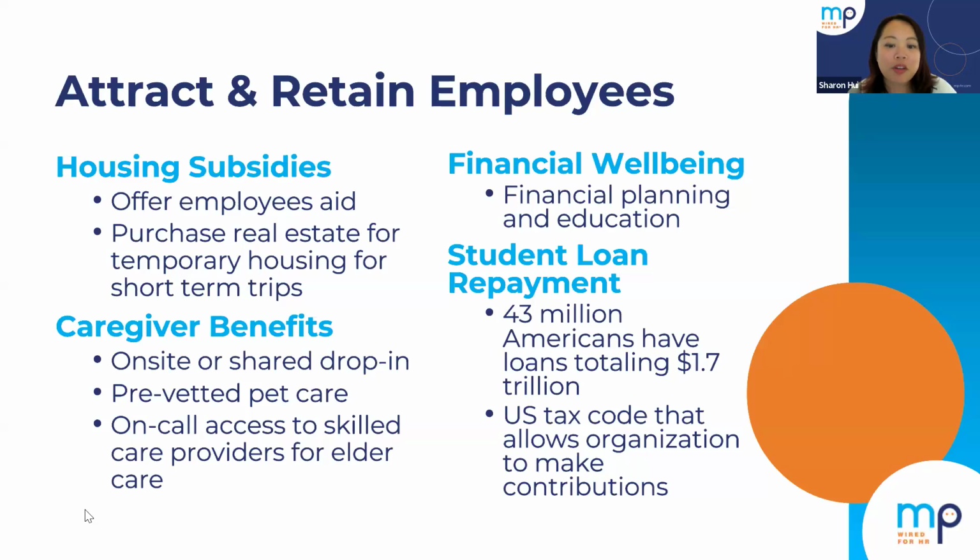So 43 million Americans have loans totaling $1.7 trillion. That is a lot of money that needs to be repaid. And sometimes it's hard for employees to maintain that while making a salary and trying to plan for their future. So there is a US tax code that allows organizations to make contributions to help alleviate that financial burden for them.